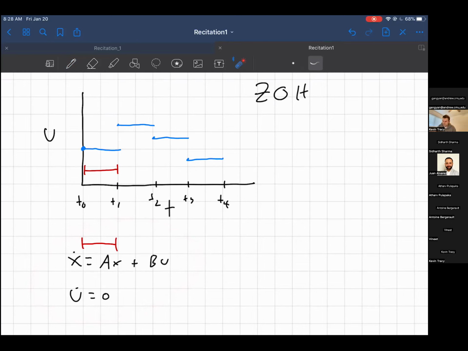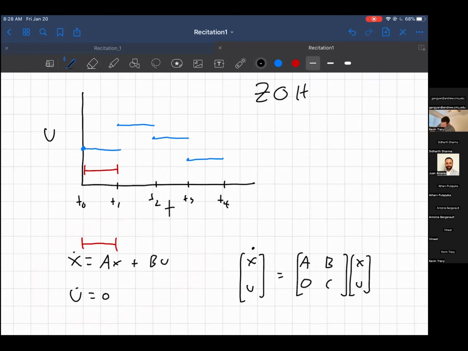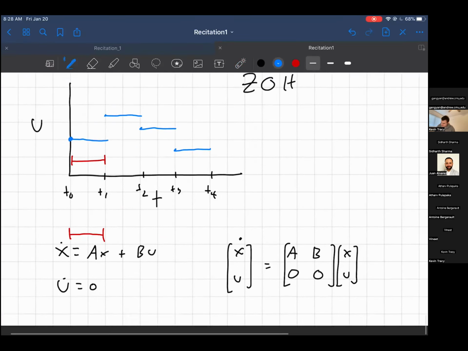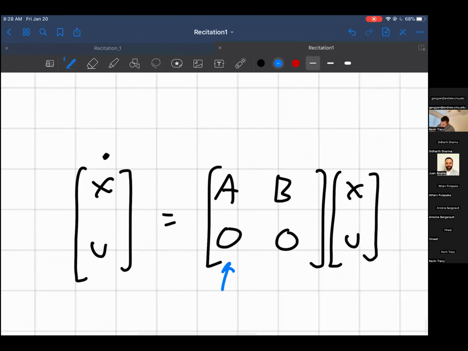And now what's stopping me from writing out a linear system like this, where I stack up x and u, so the derivative of [x; u] equals [Ax + Bu; 0]. It's important to note that these are the zeros to make it square.